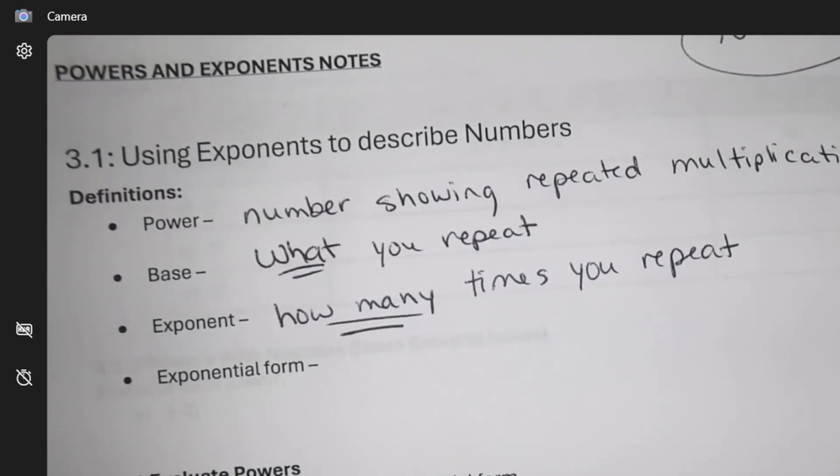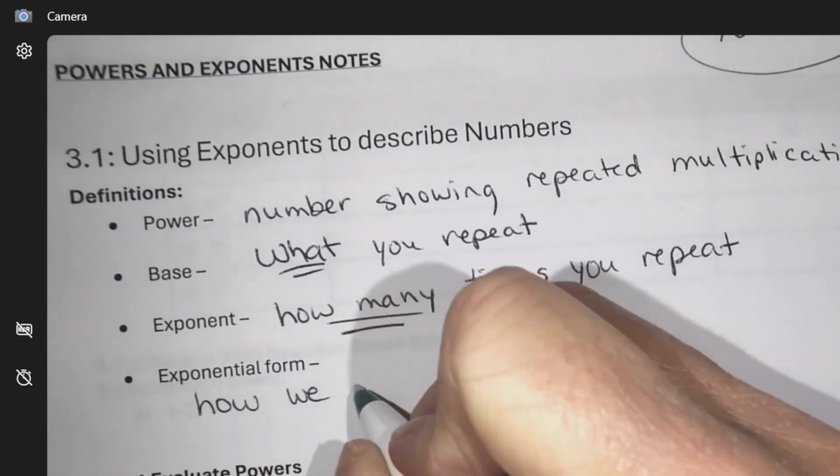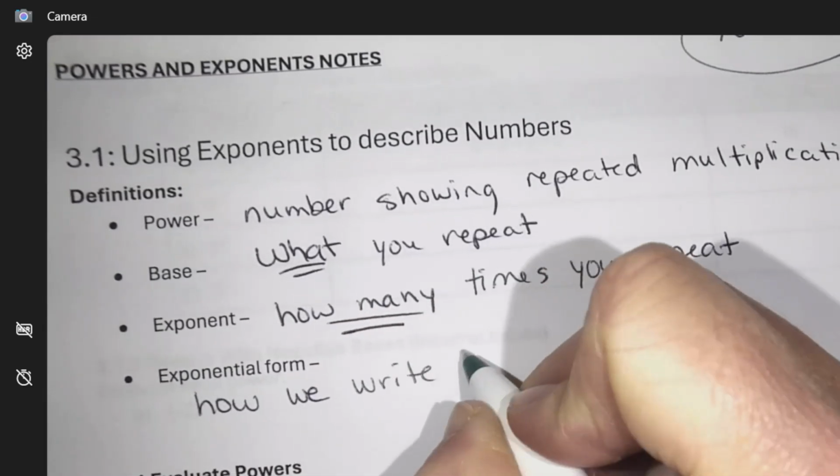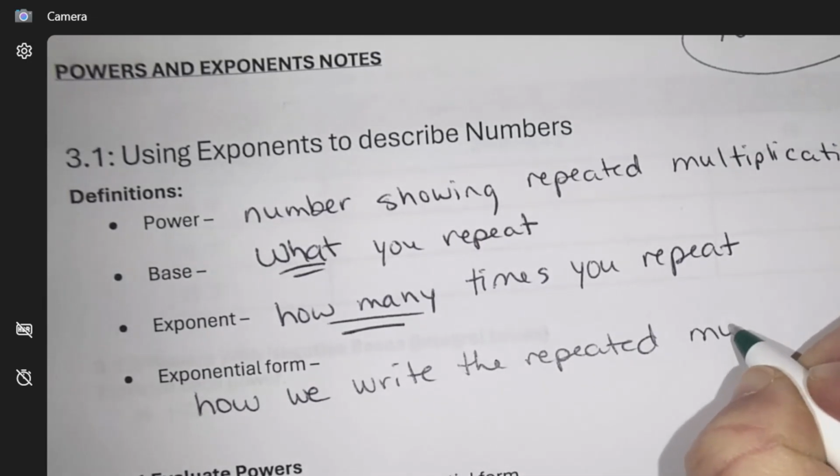Okay, and the exponential form is how we write this repeated multiplication.